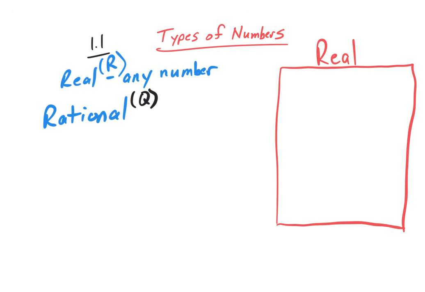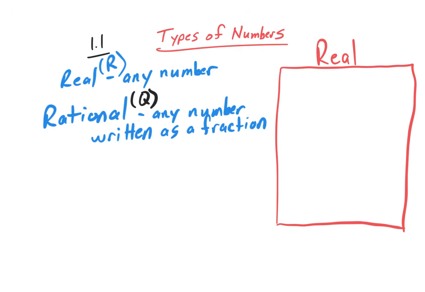But there's a definition that we use for rational numbers that will include all those things that we just talked about. Anybody remember what it is? Any number written as a fraction.